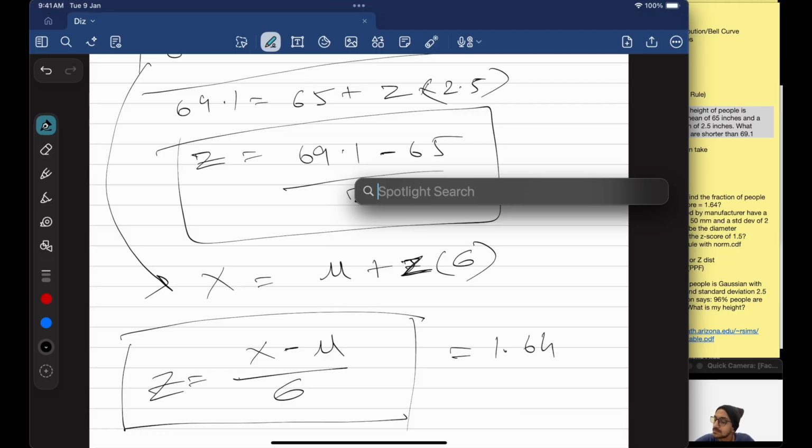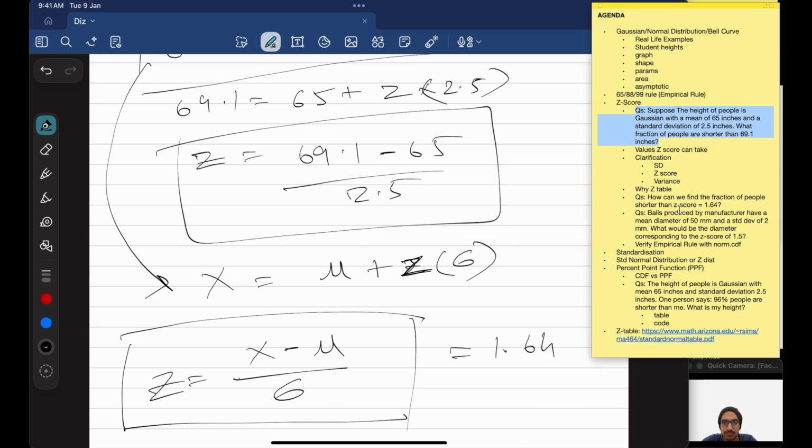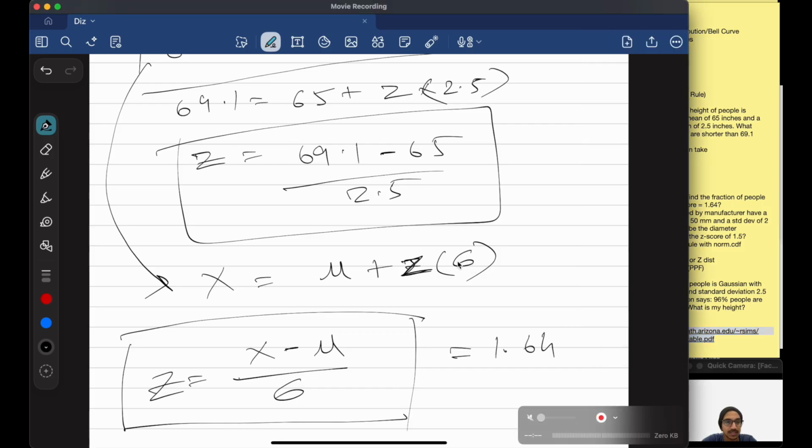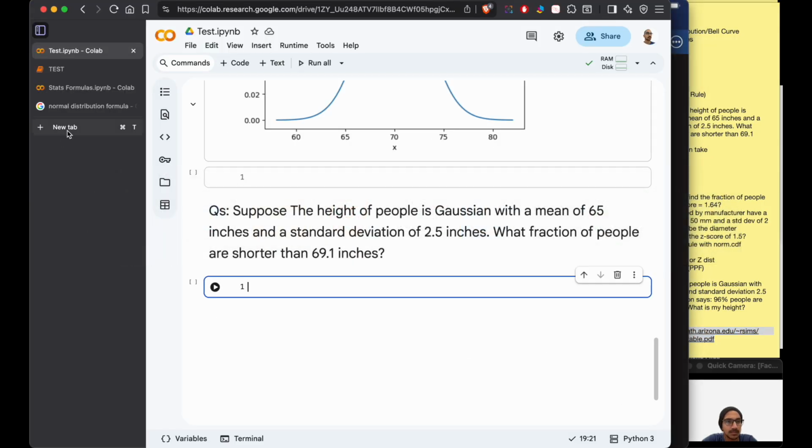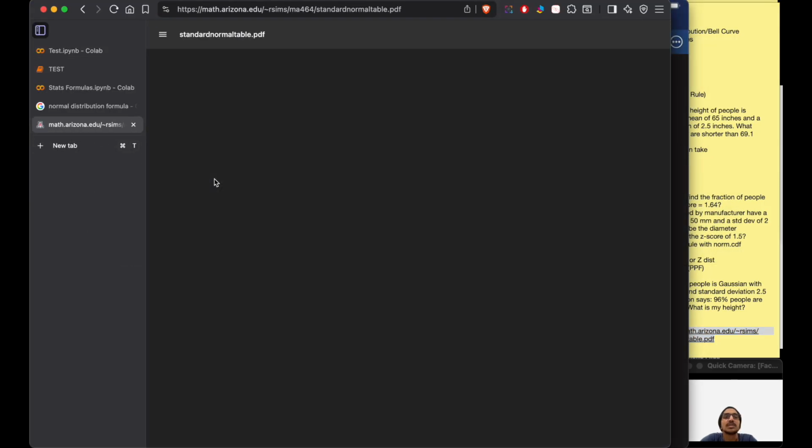Okay, so we use this to calculate the proportion. Something is off. I think I am not saying it right.